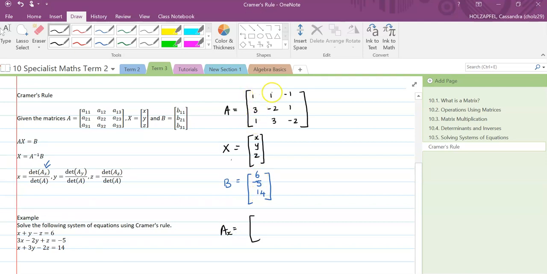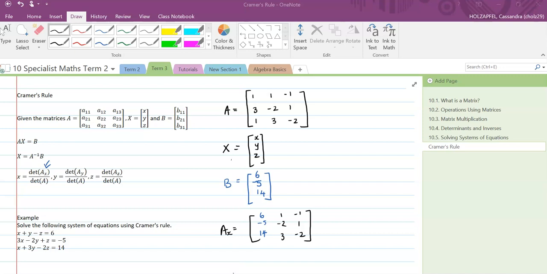When we have a y, that's going to replace the y column, and with a z, that will replace the z column. So I'll show you the matrix for Ax. You can see I've replaced the x column with my solutions column, and I've kept the rest of these elements exactly the same. So this is how we find Ax.